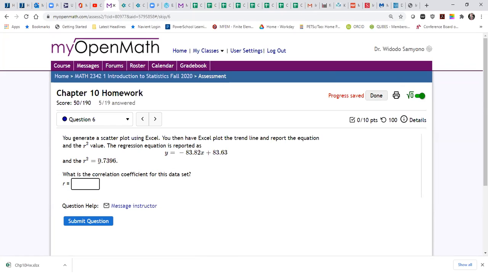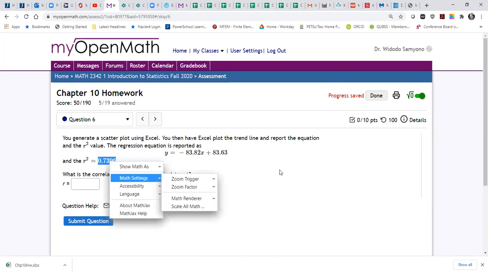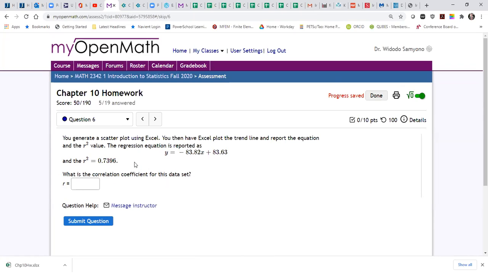So let me copy this. Oh, sorry. No, apparently I cannot copy it. So it's 0.7396.